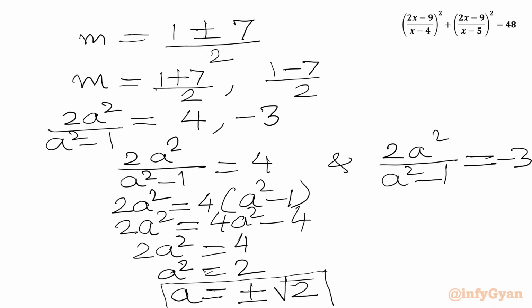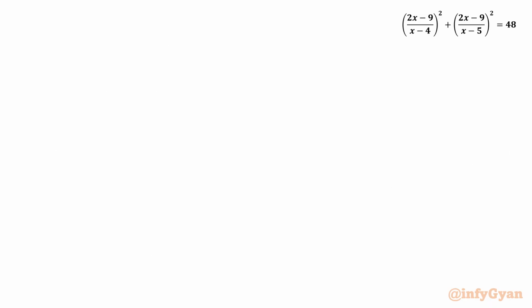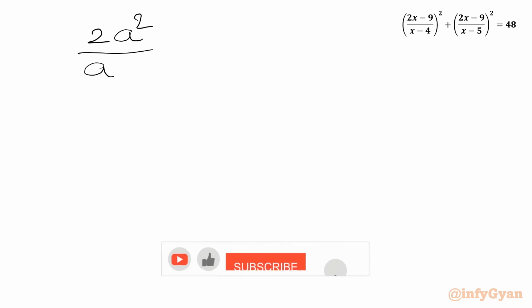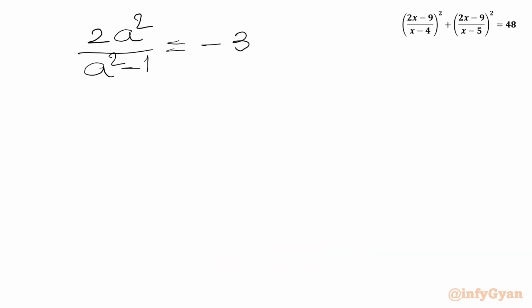Now we will solve this second equation, 2a squared over a squared minus 1 equal to negative 3. Again we will cross multiply. We can write 2a squared equal to minus 3 times (a squared − 1).